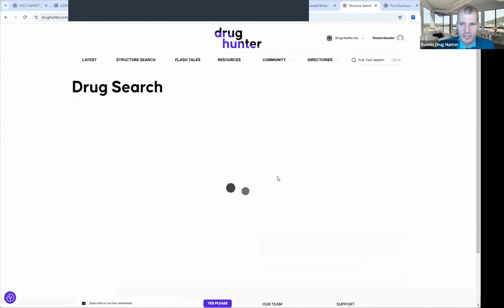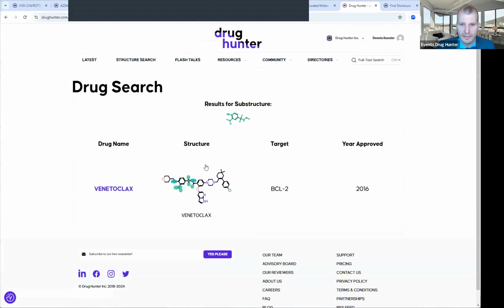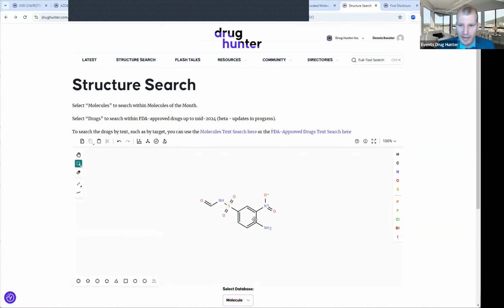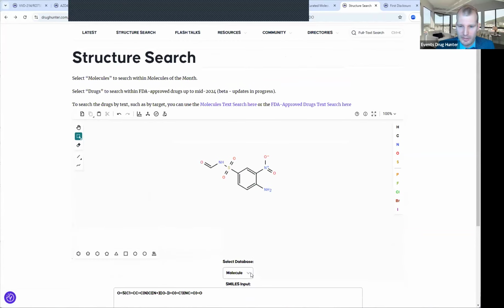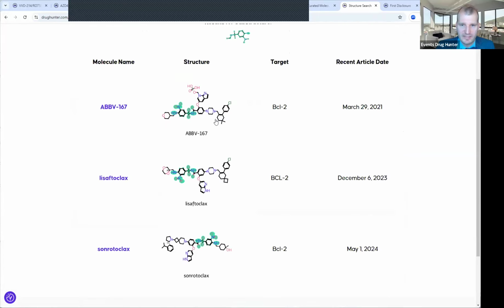And then you just hit search and you find the BCL2 inhibitor venetoclax, right? Or if you want to go back and search our molecule database with that, the same thing, you find other BCL2 inhibitors. So you really quickly can see that this is a very common motif in BCL2 inhibitors.